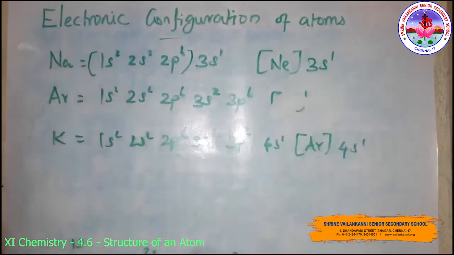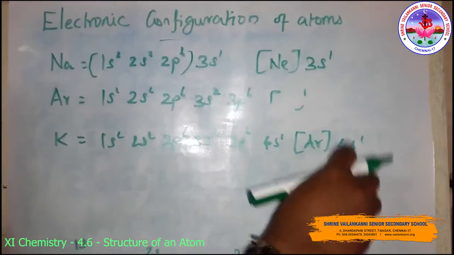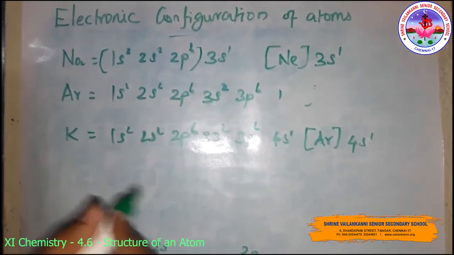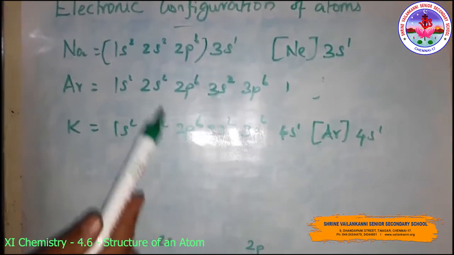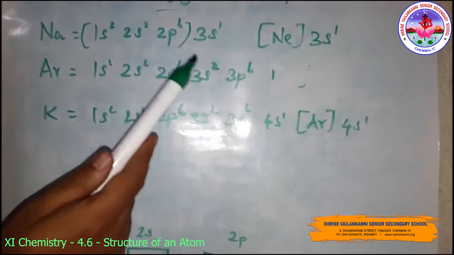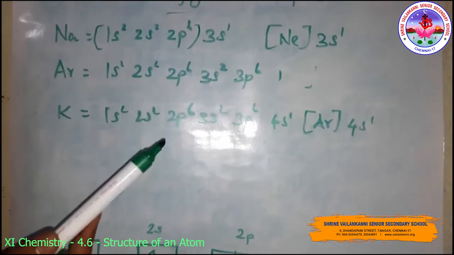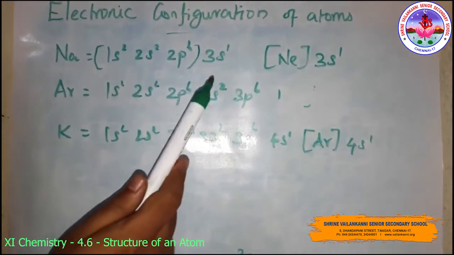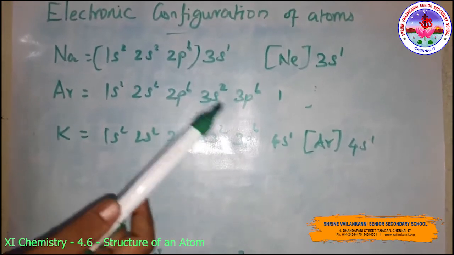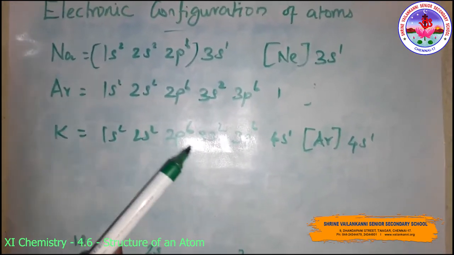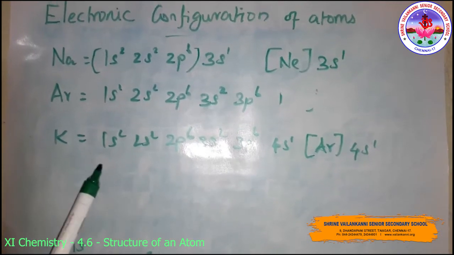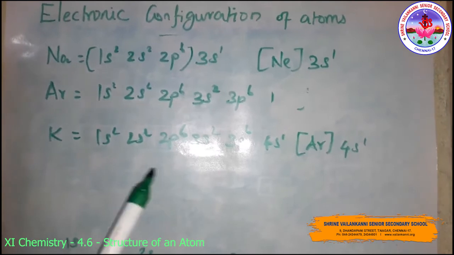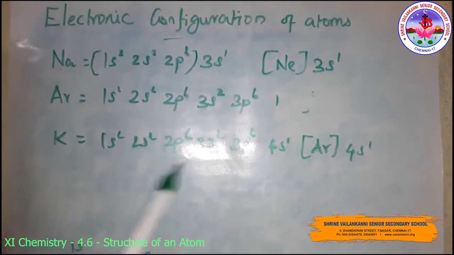So this is called the valence shell electronic configuration or outer electronic configuration. The electrons in completely filled shells are known as the core electrons, and the electrons added in the shell with the highest principal quantum number are called valence electrons. Here neon gives the core electrons, and for sodium to argon, the valence electrons follow. For potassium and calcium, the 4s orbital being lower in energy than the 3d orbitals is occupied by 1 and 2 electrons respectively.